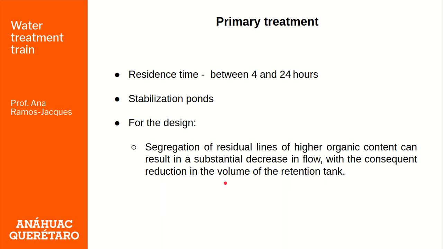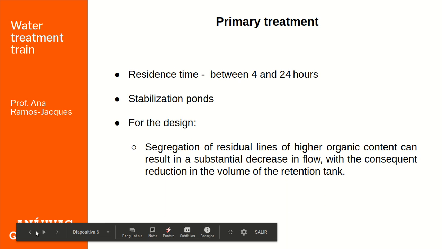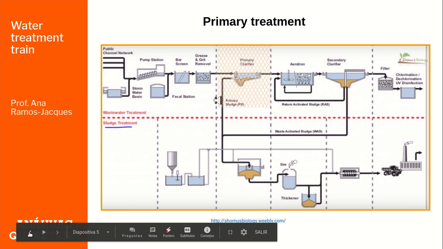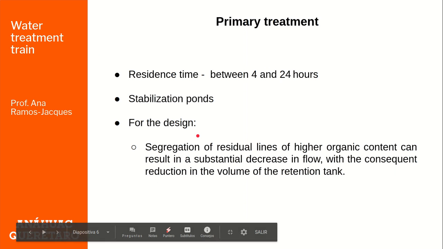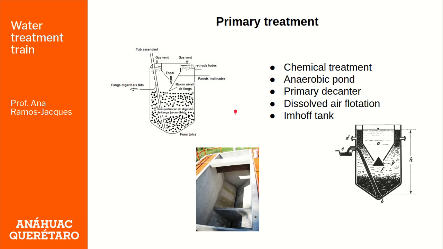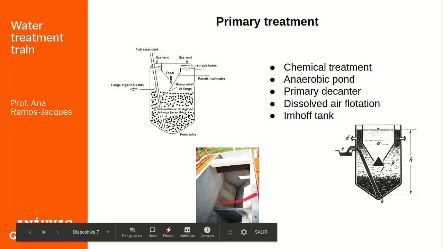If you look at the chart, it is simply a tank, and you are separating the two phases. It could be very simple, but this is the primary treatment. You have a picture of it here.